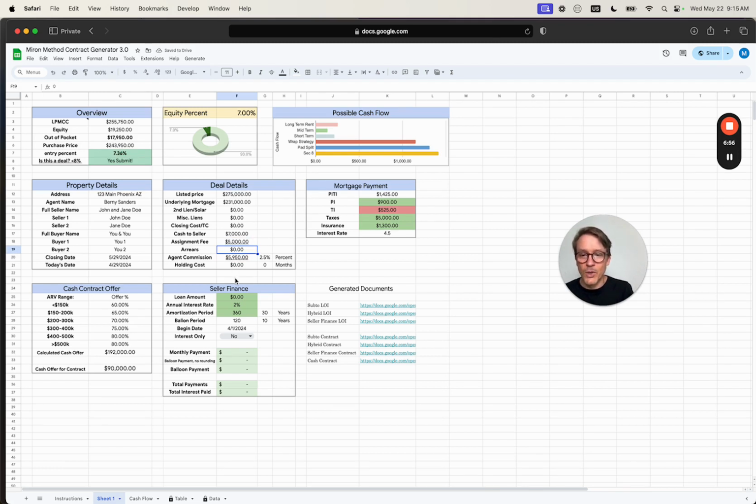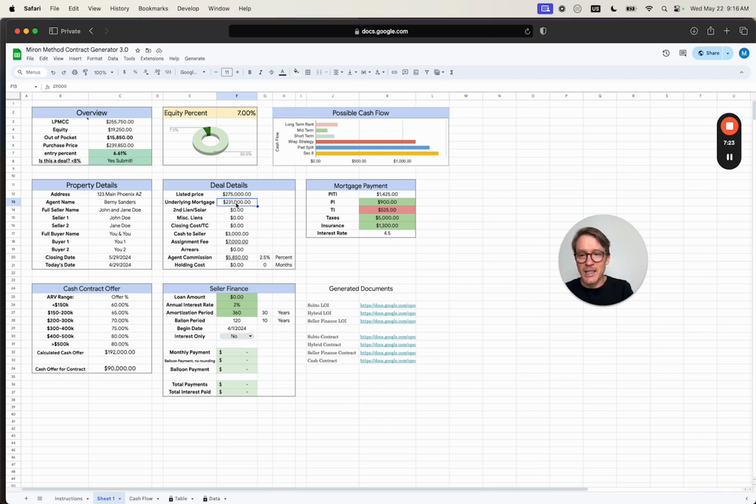Yeah. Oh yeah, because the agent commission, but 3. We got to make more money, man. We got to make more money. So I'd probably do somewhere close to that. Give the agent the 2.5. Cash the seller 3. I'm making this up. This is not a real deal, but they're listed at 275, right?